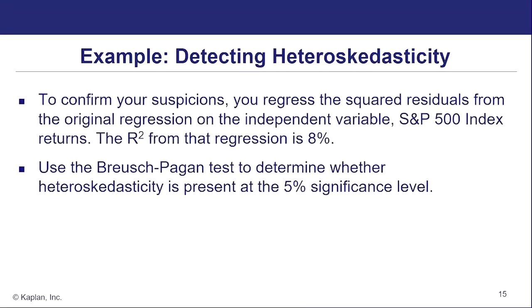And when I do that, I see my R square is 8%. And so my Breusch-Pagan chi-square statistic is equal to n, which is 60, times 0.08. Remember, instead of 8%, use the decimal form. All right? And this will be equal to 4.80.